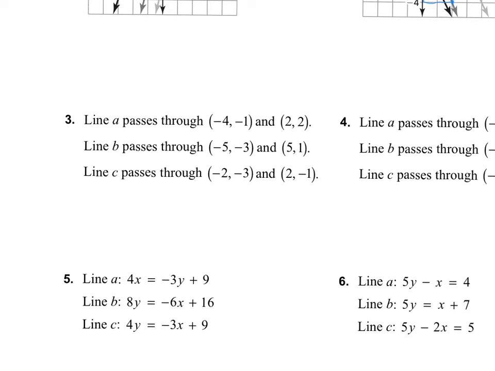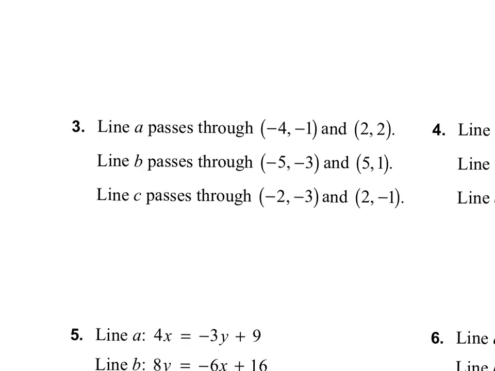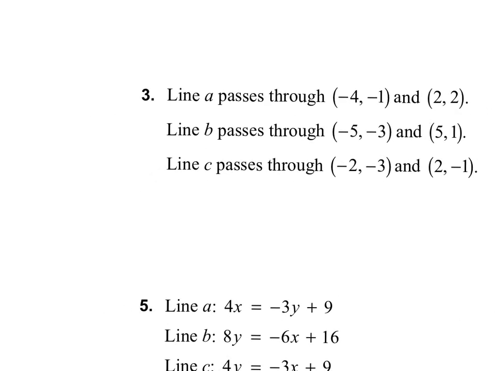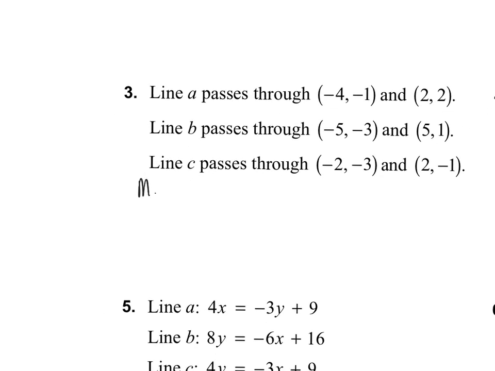Alrighty. So this one, what we're going to have to do, we have line A, line B, line C. You might need an extra piece of paper for this. We're going to go find the slope of each one. So the slope of A is going to be the change in y over the change in x. So y2 minus y1 over x2 minus x1.